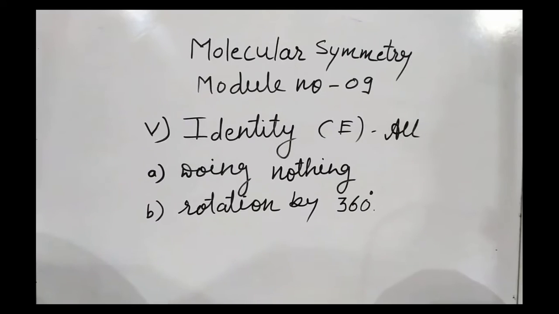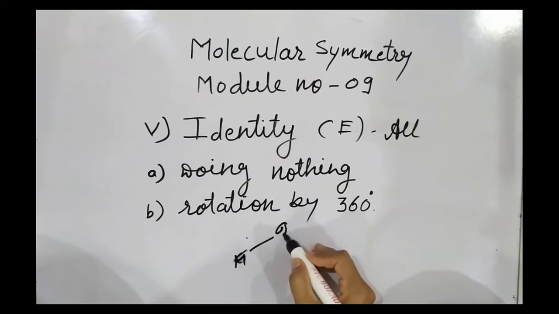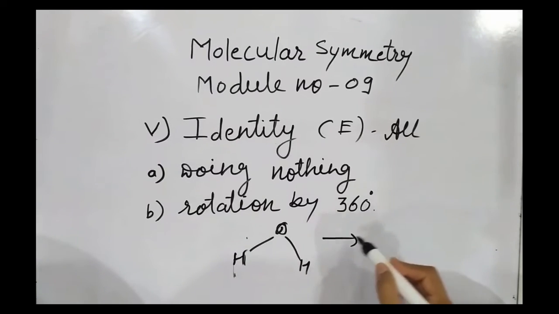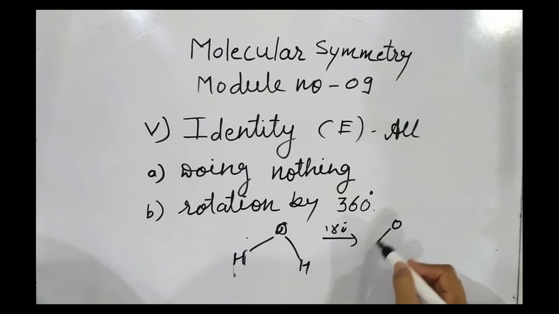Suppose we have any object or molecule and we are trying to find the rotational axis in it. For example, suppose we have H2O and we find a rotational axis, and by rotating it by 180 degrees we get another, same image of the water molecule.